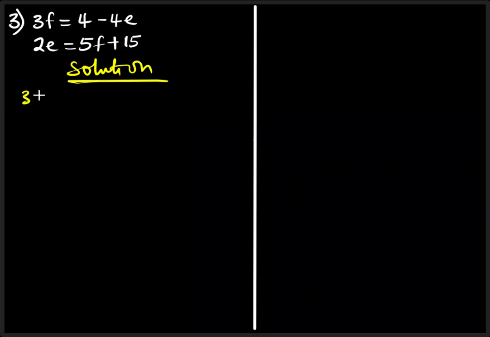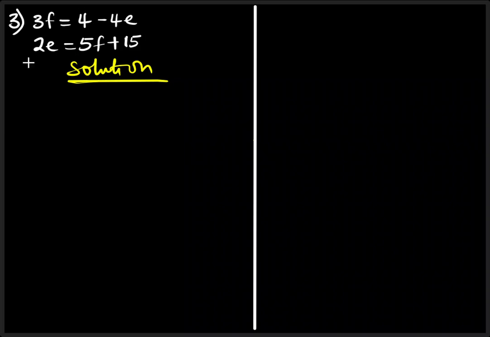We have 3f. Okay, if you look at the question, it needs arrangement. It's not arranged. How do we arrange? The variables should be on one side and the numbers should be on the other side. So let's pick this minus 4e to this side and start with e.